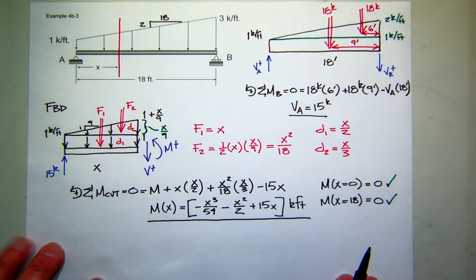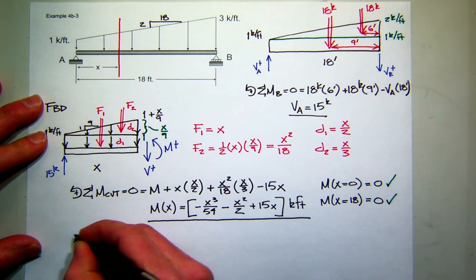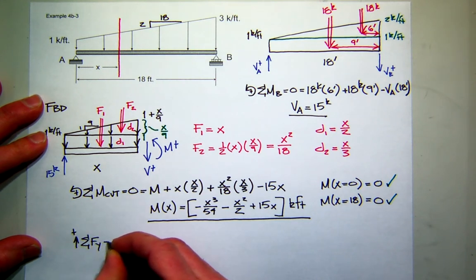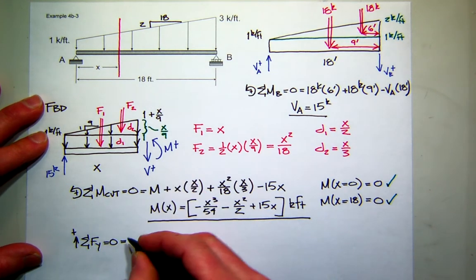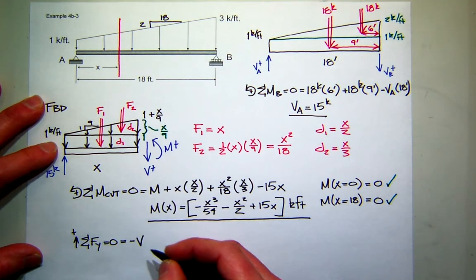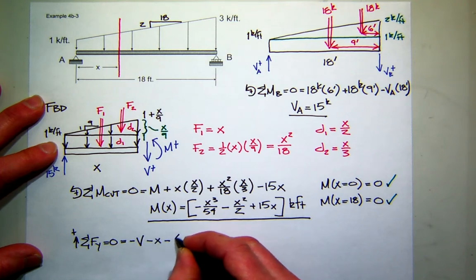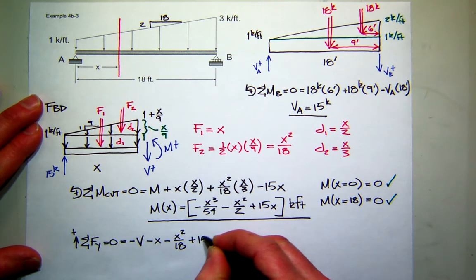All right. So the last thing we need to do is we'll sum the forces in the y direction to find our shear. So starting over the left side, I've got my shear force acting down. F1 is acting down. F2 is acting down. And my 15 kip force is up.